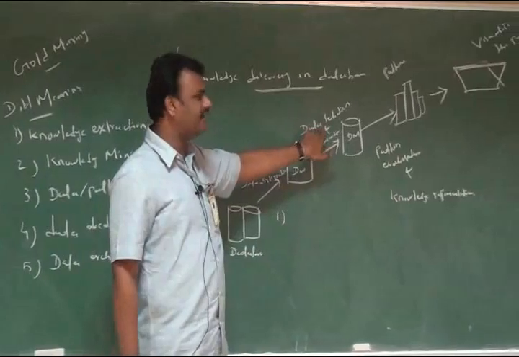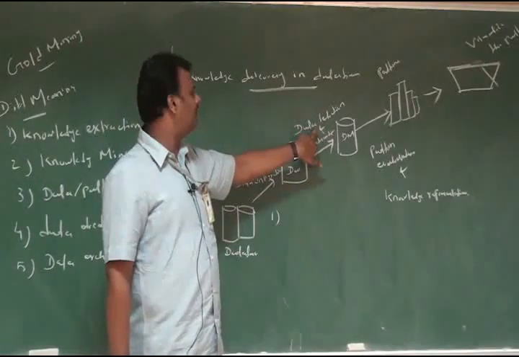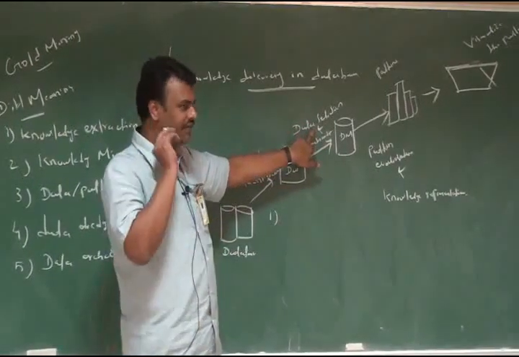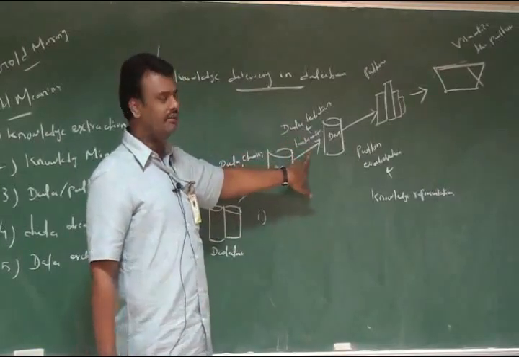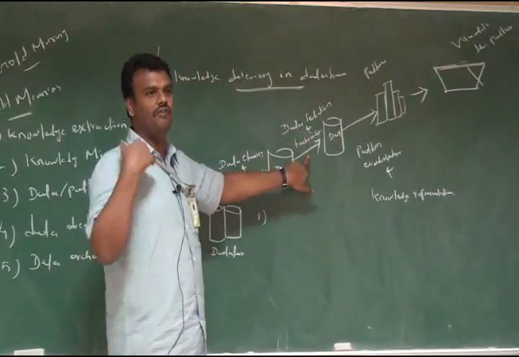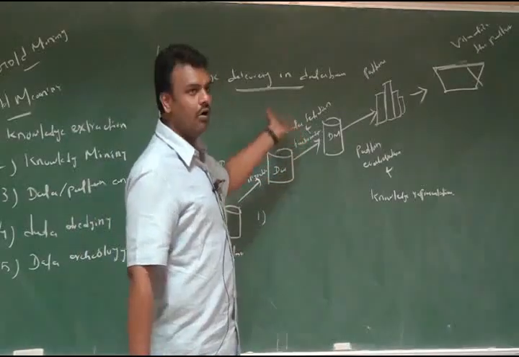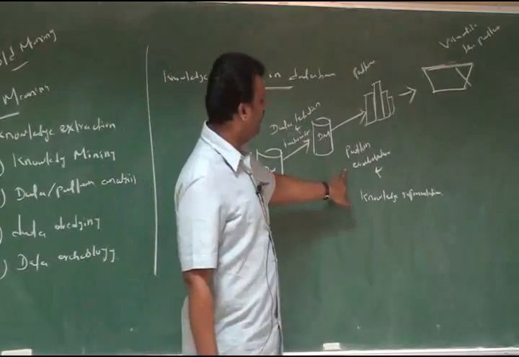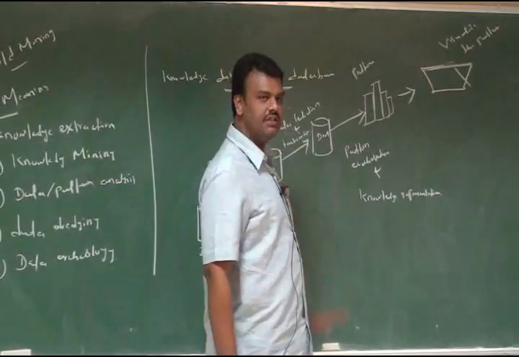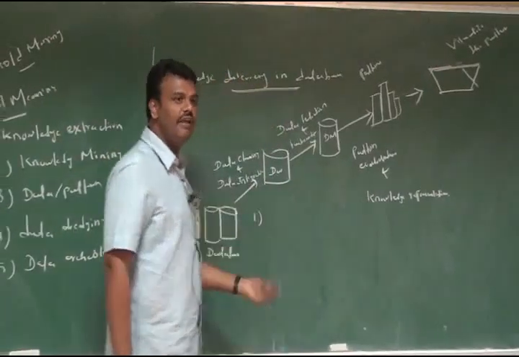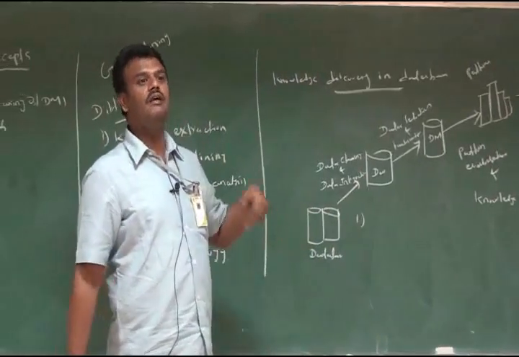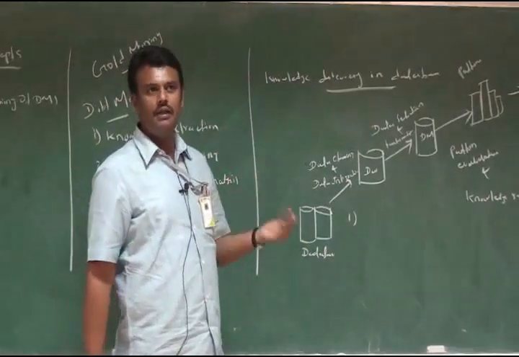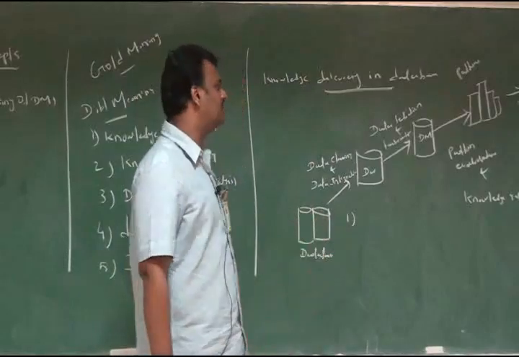Then we select the relevant data for the purpose of the analysis task. Then the transformation, we convert from one form into another form for the purpose of the aggregating function. Then pattern evaluation. The last one is the knowledge presentation, where we visualize the pattern to the user in different forms, such as the pie chart, bar chart, or histogram.